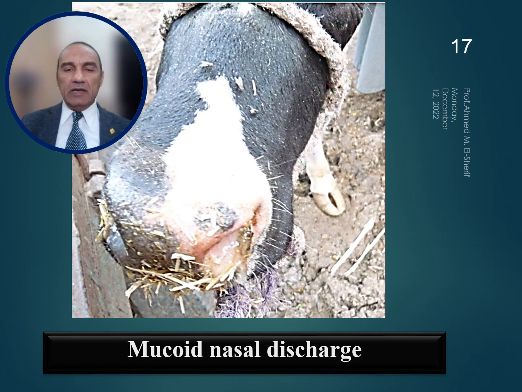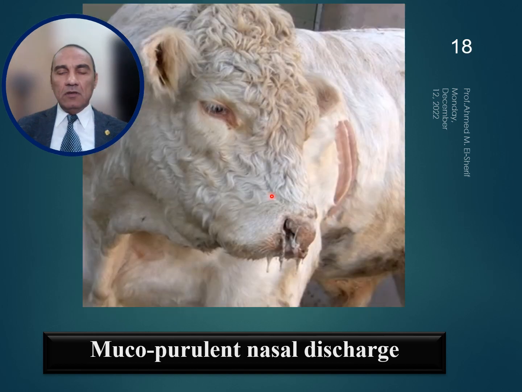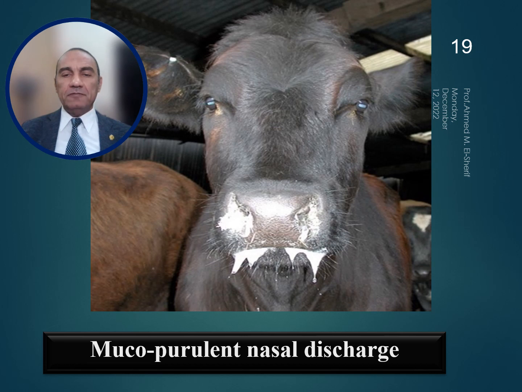An infected animal showing mucoid nasal discharge due to infection with infectious bovine rhinotracheitis. A calf with IBR showing mucopurulent nasal discharge. Another calf infected with infectious bovine rhinotracheitis showing mucopurulent nasal discharge.